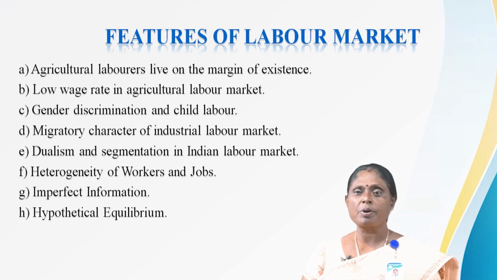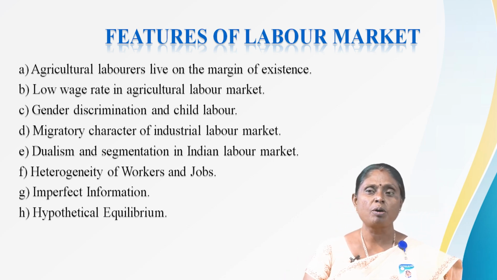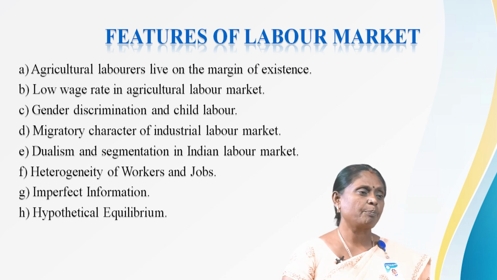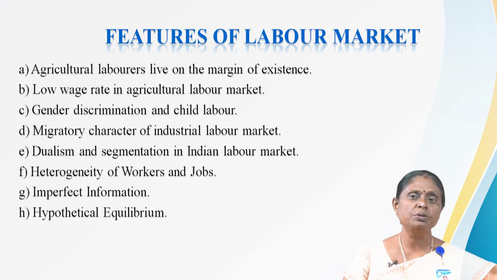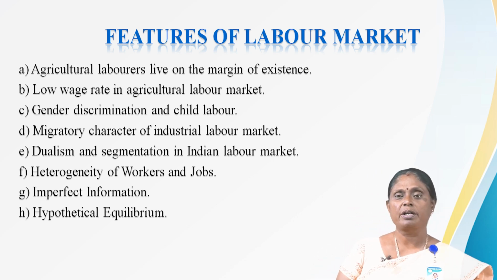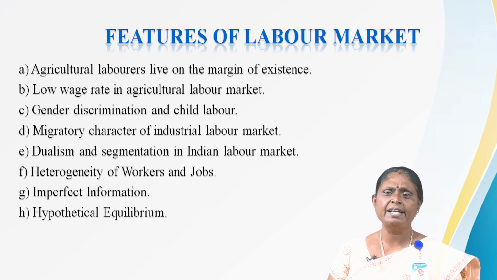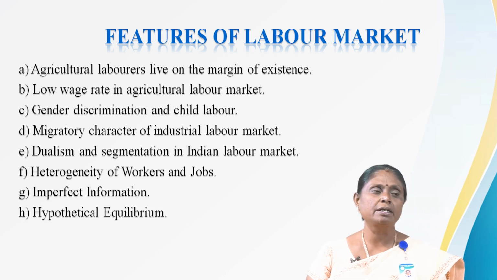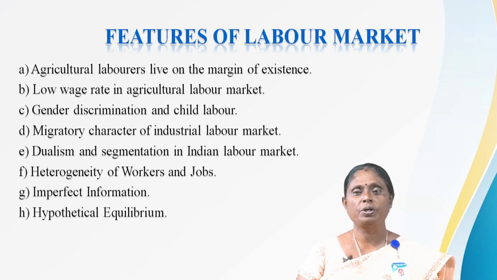The increase in population is one of the main problems in developing countries. The population pressure on land has increased the supply of labor, which leads to disguised and open unemployment in the rural economy. Disguised and open unemployment is one of the main reasons behind the low wage rate in rural areas.